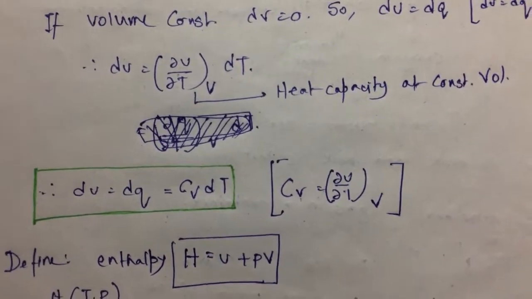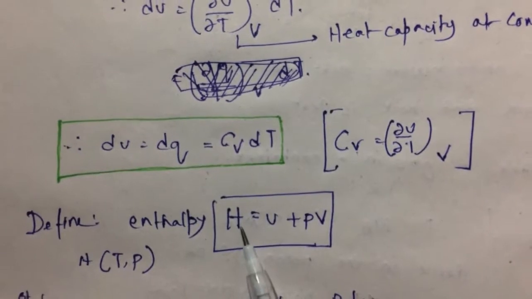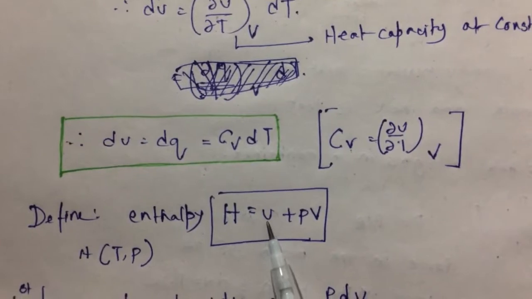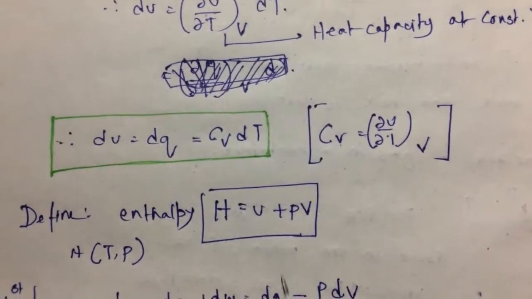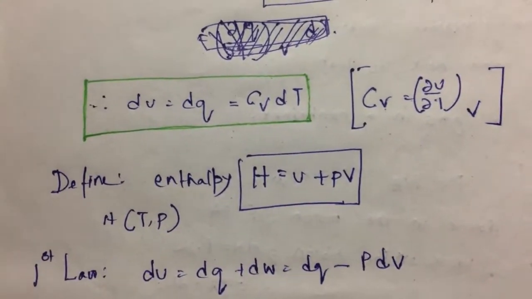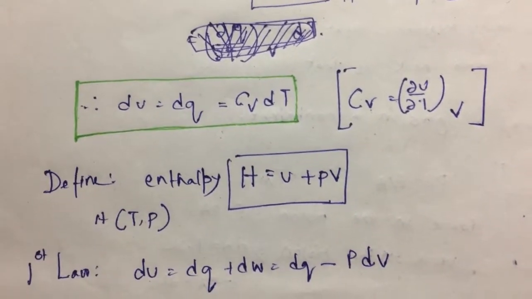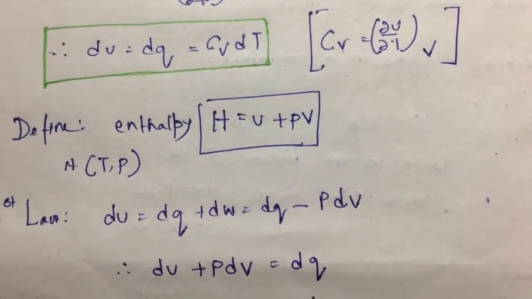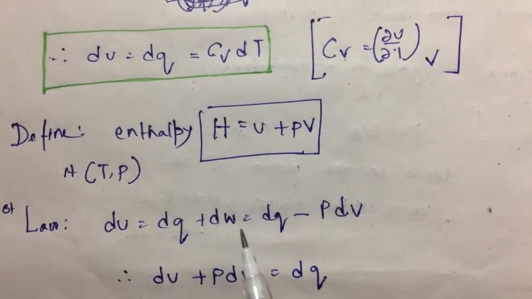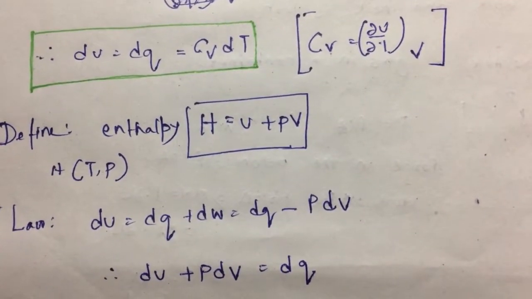Now, let us define another quantity which we will call enthalpy, not entropy, this is enthalpy. Enthalpy is defined as U plus pressure times volume. Now, let us write enthalpy H as a function of temperature and pressure. From the first law of thermodynamics, we have dU equals heat going into the system plus work done on the system, and we know that dW equals minus PdV.